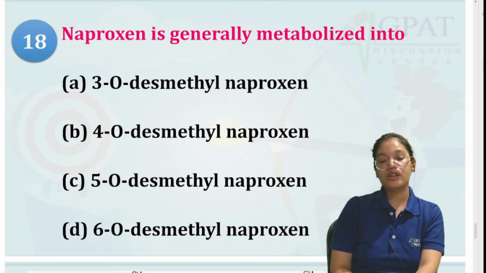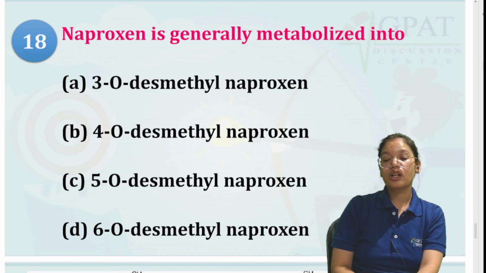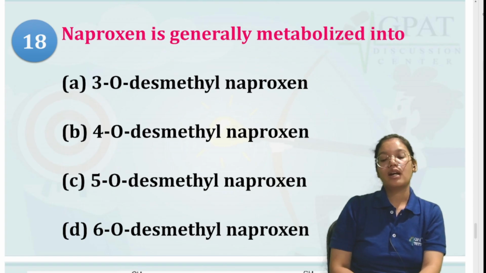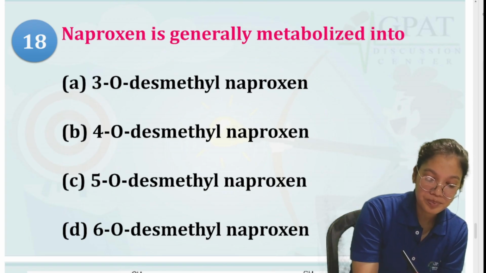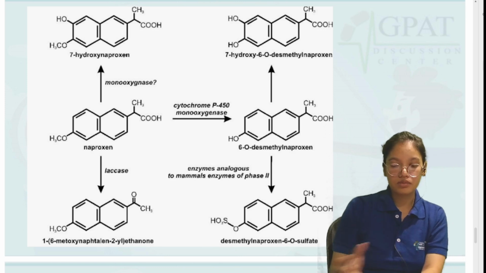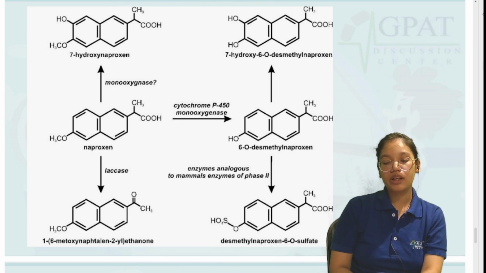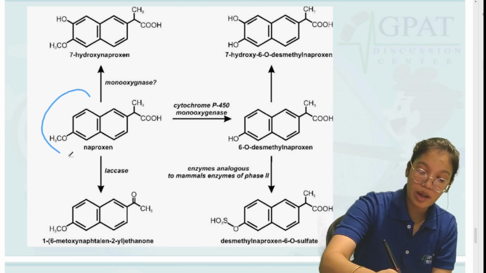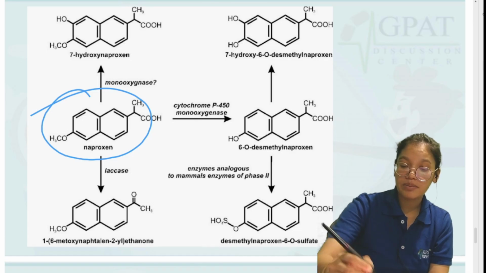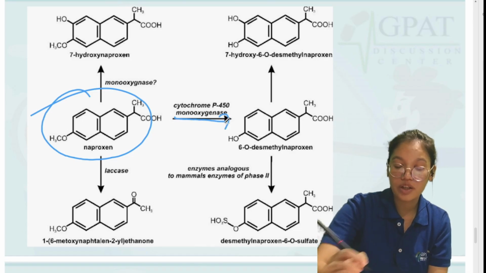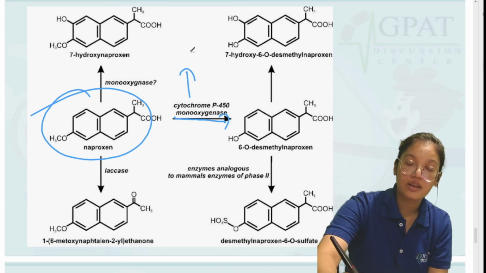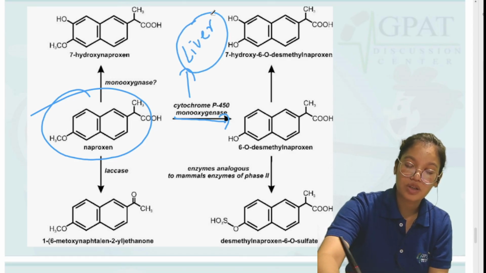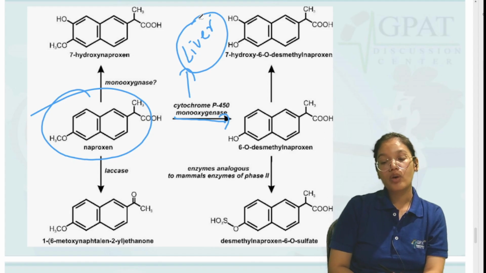Now the next question we have: naproxen is generally metabolized into. So they are asking again the metabolic product of naproxen. Let me show you the metabolic reactions of naproxen. Naproxen is metabolized in the presence of cytochrome P450. It is the most abundant enzyme present in the liver, responsible for the metabolism.